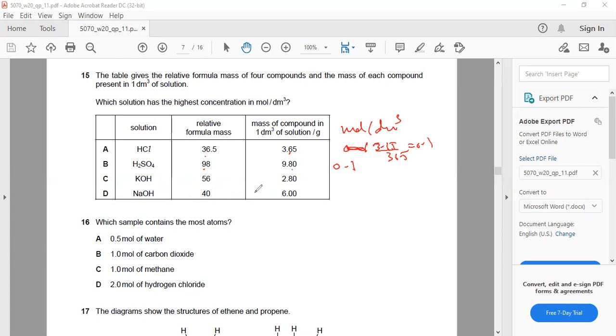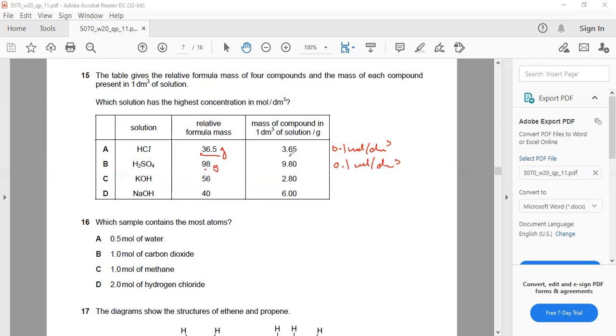Examiner report. Examiner has written 15 also challenging. Okay, challenging. But there is a shortest way you can do. I tell you how. The question is without any calculator. 36.5 gram in 1 dm cube is 1 mole. So 3.65 means 0.1 mole per dm cube, simple, no need to calculate anything. 98 gram means 1 mole, 9.8 means 0.1 mole per dm cube.